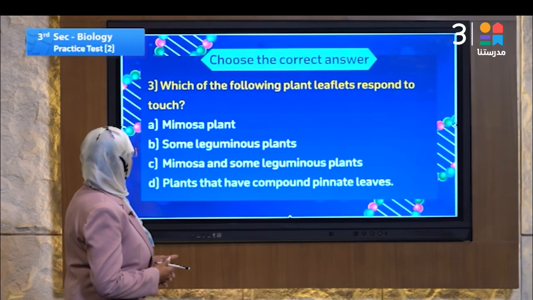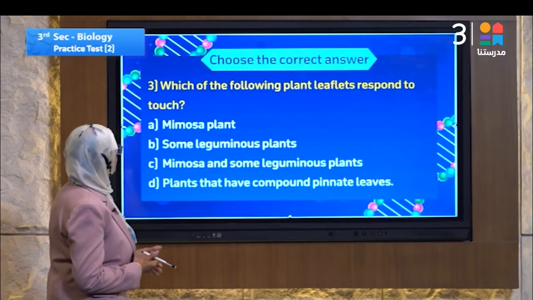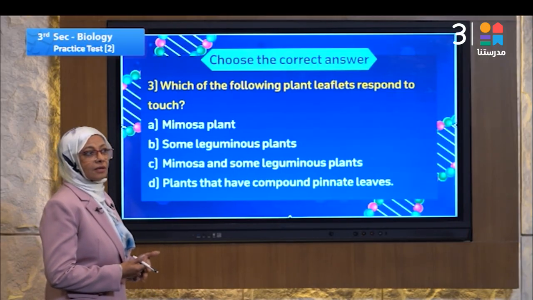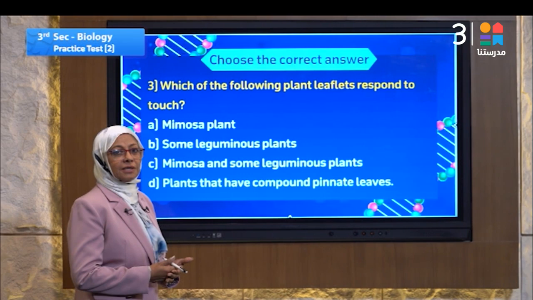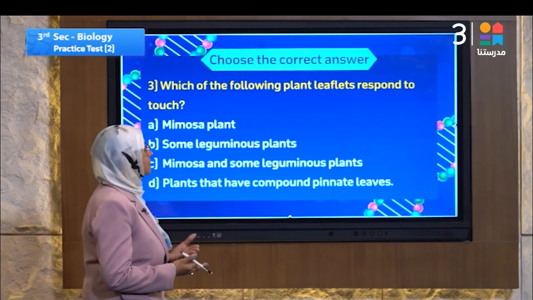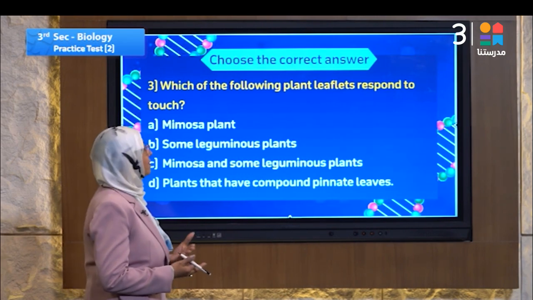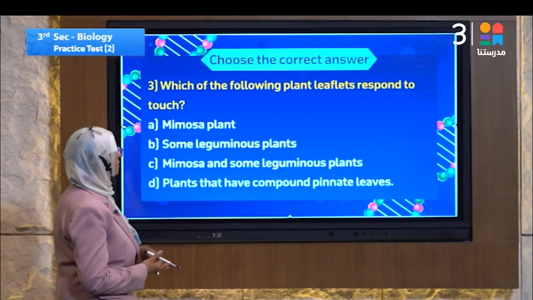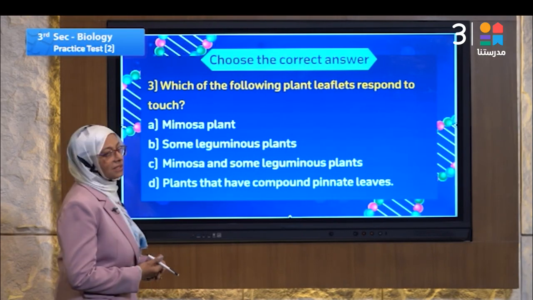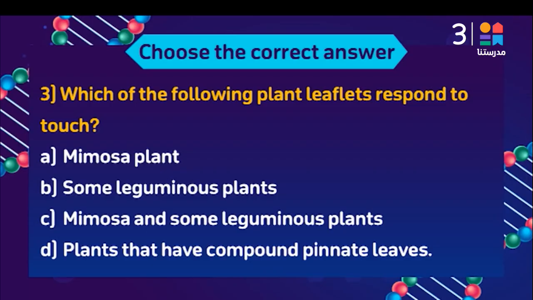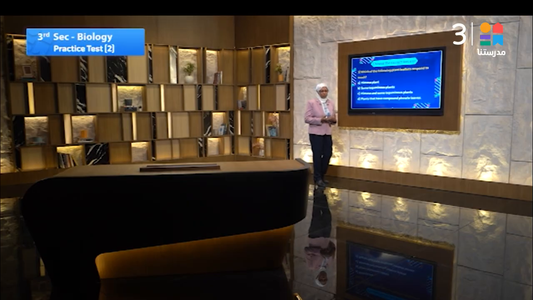Leaflets of the plant in some plants respond to touching. What are the leaflets of any plants like that? Let's read the question carefully. Number 3, which of the following plant leaflets responds to touch? Which of them can be touched and respond?